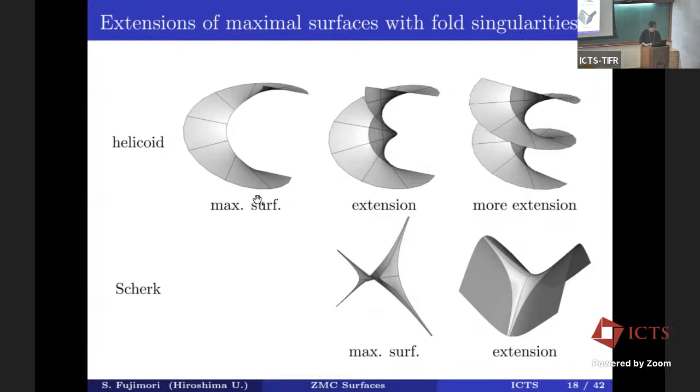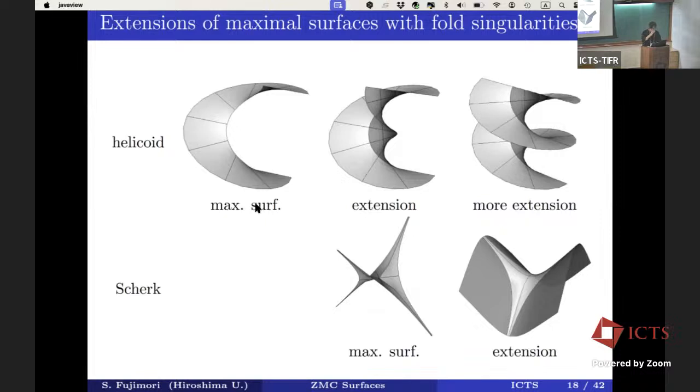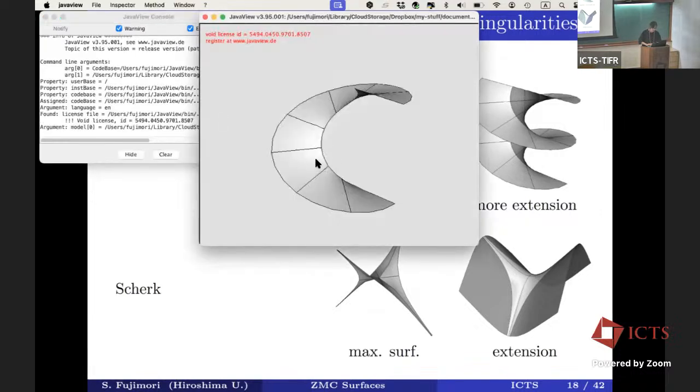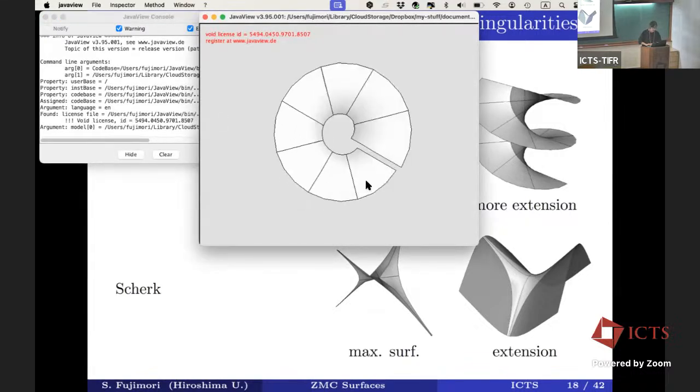The surface looks like this. The outside is the end of the surface, so we can extend it as much as we want. But inside, we cannot enter as a maximal surface, as a space-like surface.